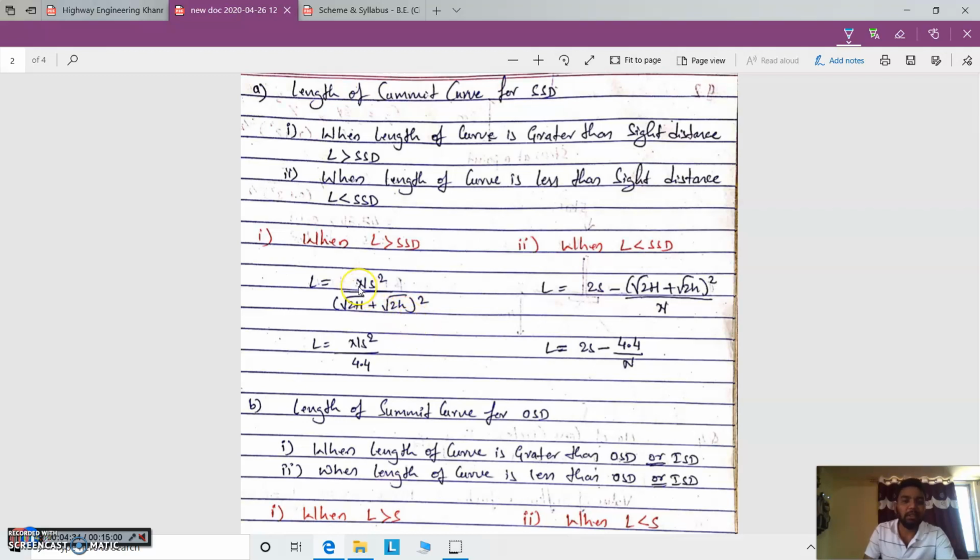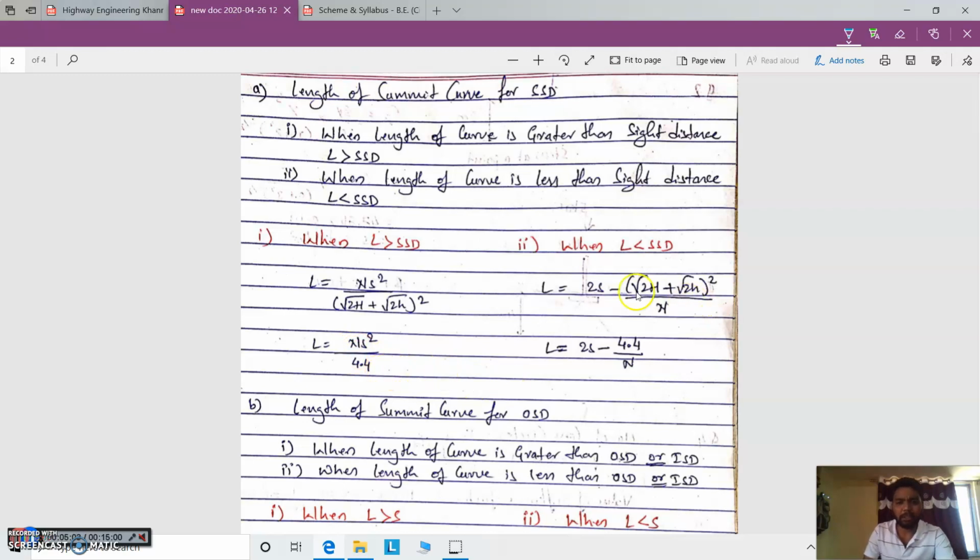Here N is the deviation angle that can be considered for different ground conditions, and S is the stopping sight distance. Once we substitute the values of H and small h as recommended by the Indian Roads Congress, we get 4.4 as the total sum. H is 1.2 meters and small h is 0.75 meters. Substituting, you will get N square S square by 4.4.